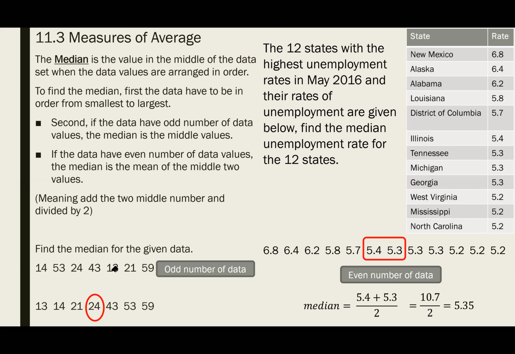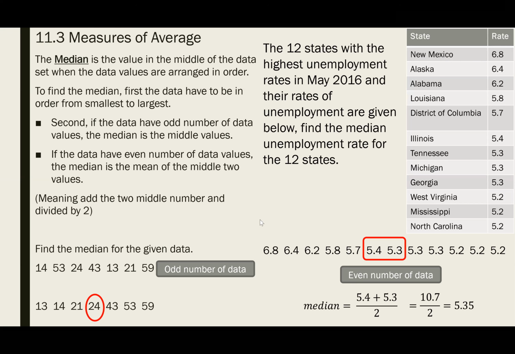That's a careless mistake a lot of students make. Even though it's an easy problem, it comes with a careless mistake, so make sure your data is in order before you identify your median. That's the difference between odd and even.